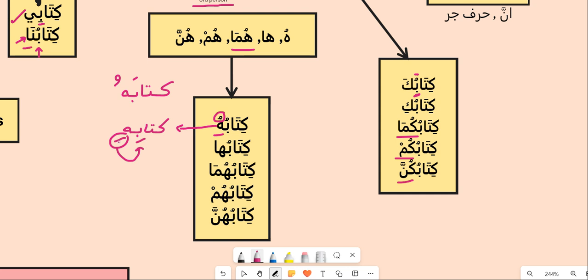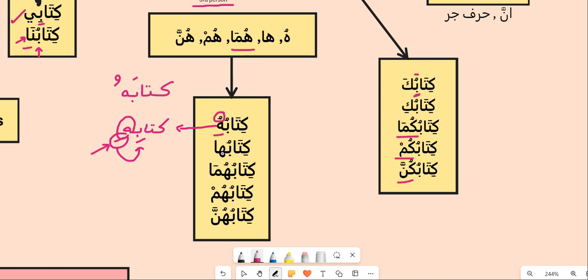But it doesn't mean that this damir is mu'rab. Mu'rab means it can change its ending. It's just going along with the kasra of the ba. But the damirs are always mabni, that means they are fixed. Here, if you see a change in the damir, that doesn't mean that it has become mu'rab. It is still mabni. You will still say the damirs are mabni.